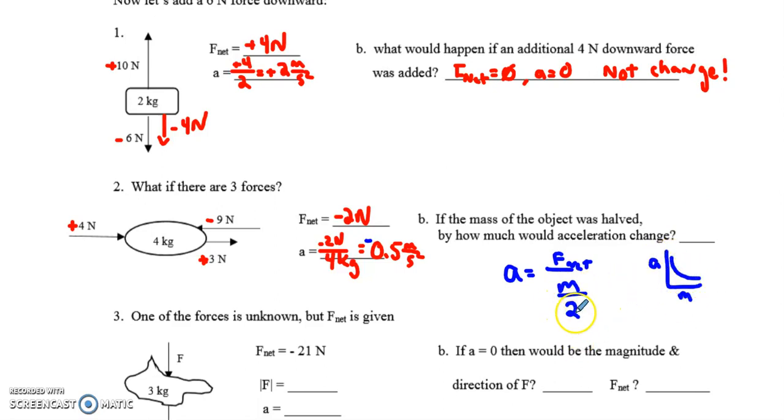And so if the mass goes down by a factor of 2, the acceleration must go up by a factor of 2. Okay? So this is going down, this has to go up by the same factor. So the acceleration would be twice as much. So if the original acceleration was negative 0.5, then the new acceleration would be twice that, or negative 1.